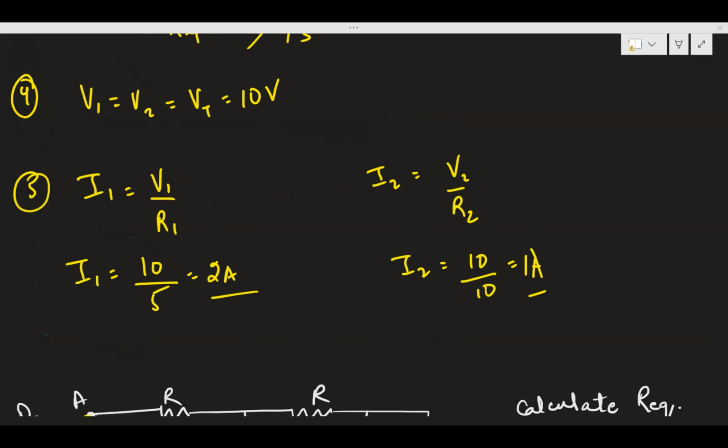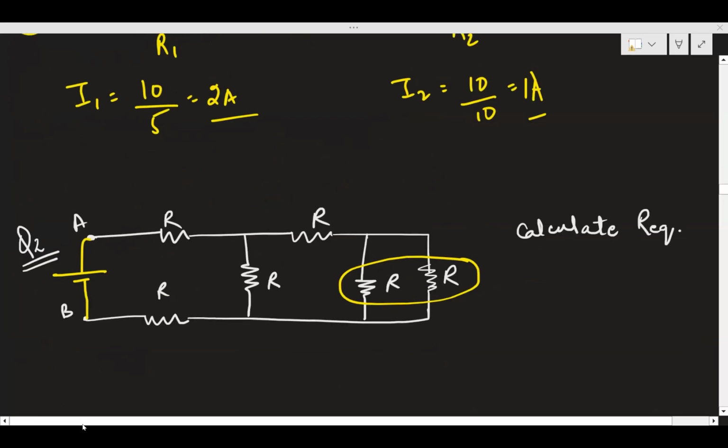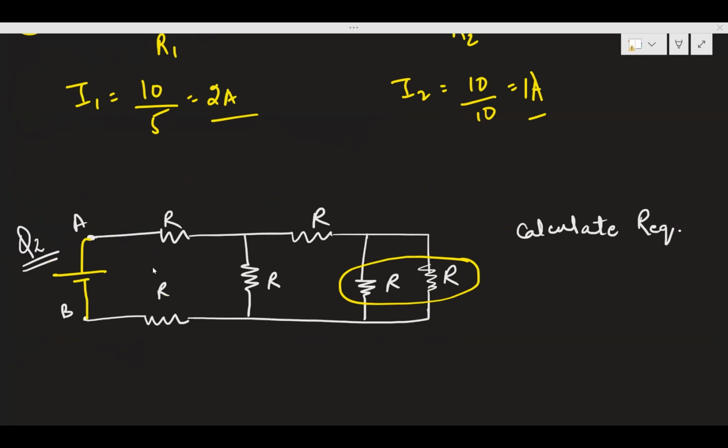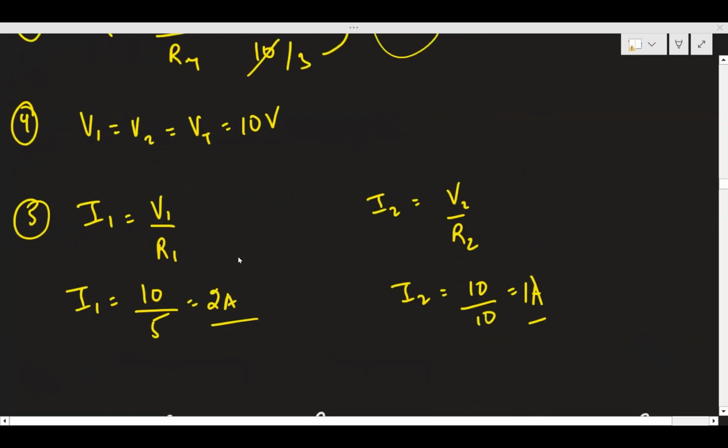Ma'am, can you scroll a bit up? Up or down? Where? Okay.